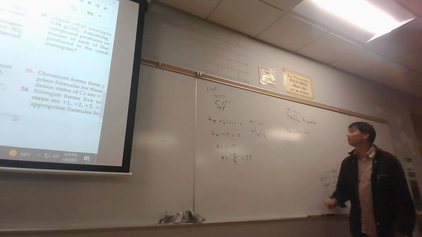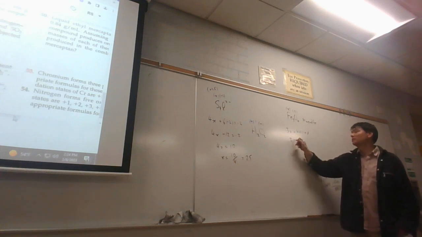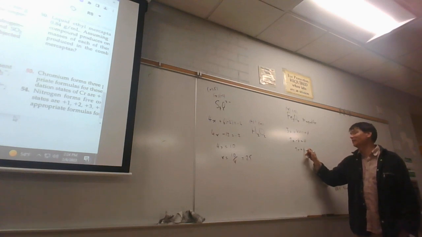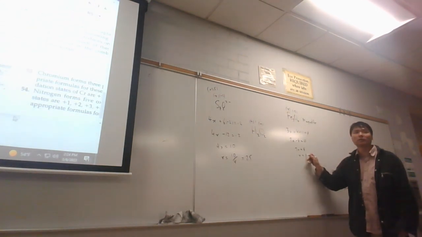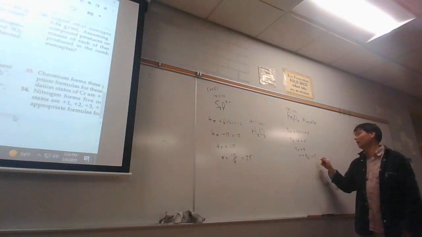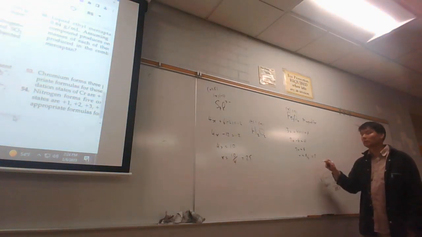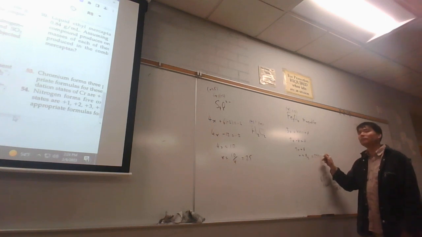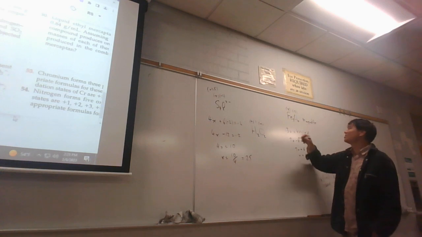Magnetite's neutral. And so this is 3x minus 8 is equal to 0. 3x is equal to 8. X is equal to 8 over 3, which is 2 and 2/3. And so iron is 2 2/3.